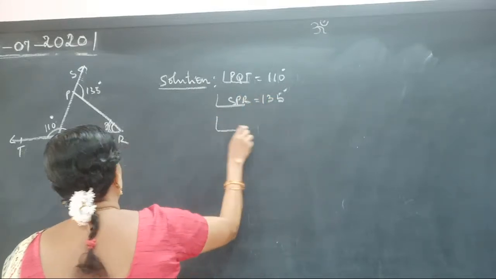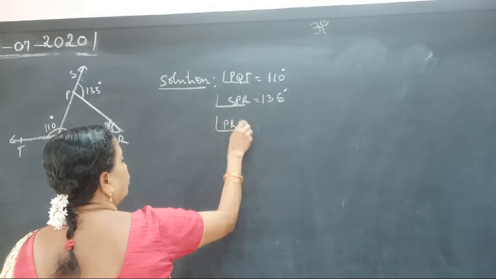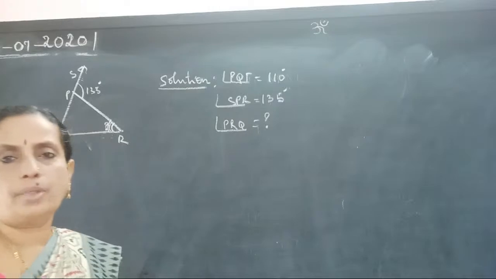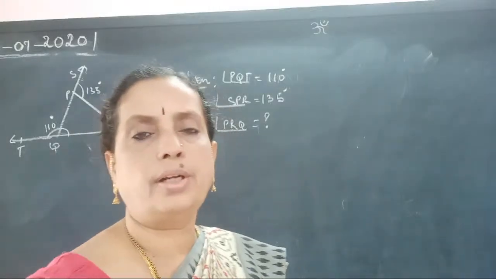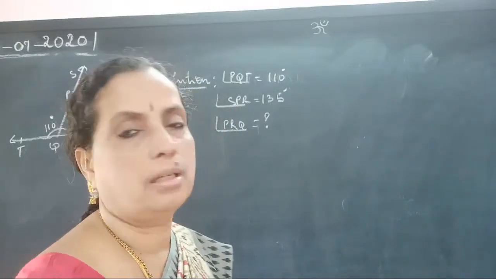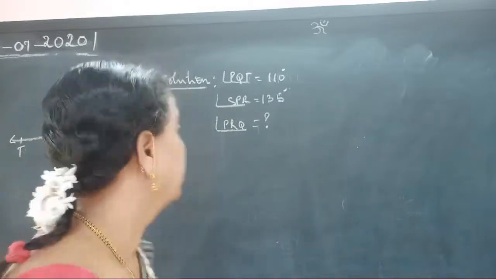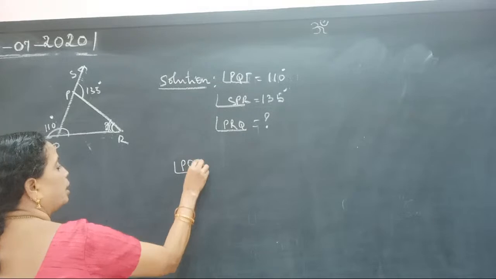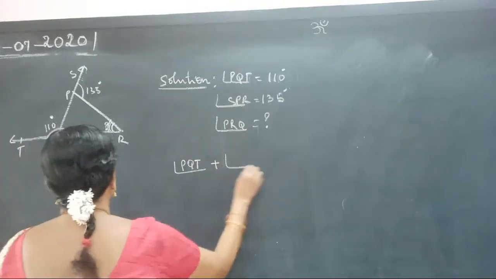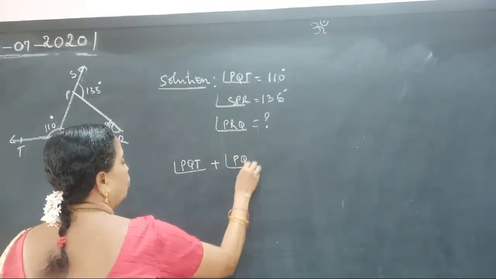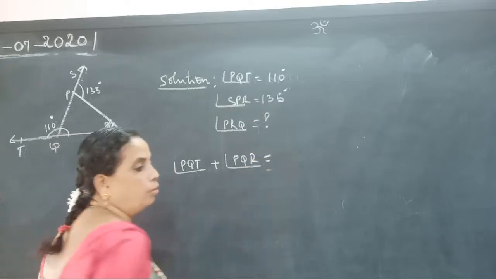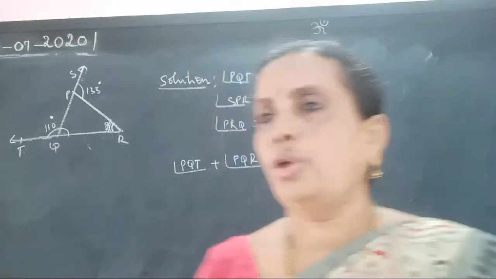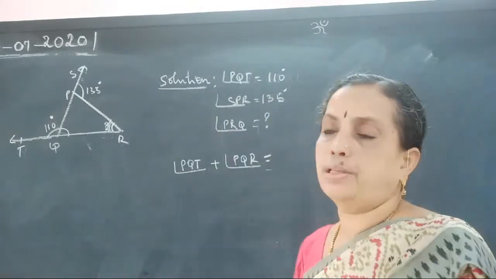And angle PRQ you have to find out. From the given figure, extract what is given, then start the steps. That is angle PQT plus angle PQR equals 180 degree. Reason, linear pair angles. Also check your figure in the notebook, not only the figure on the board.